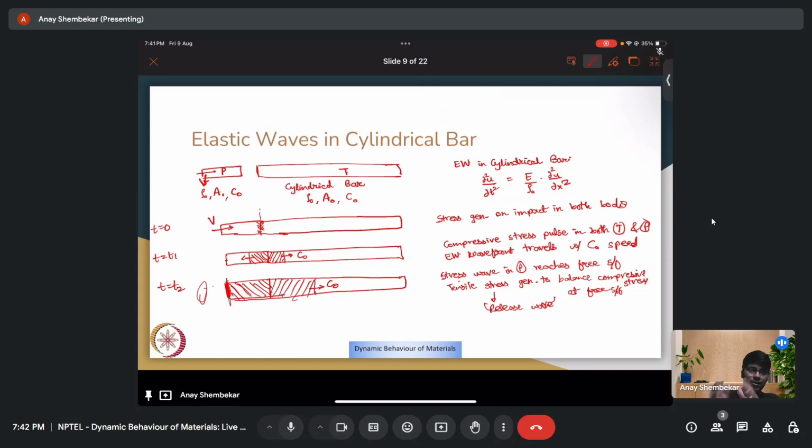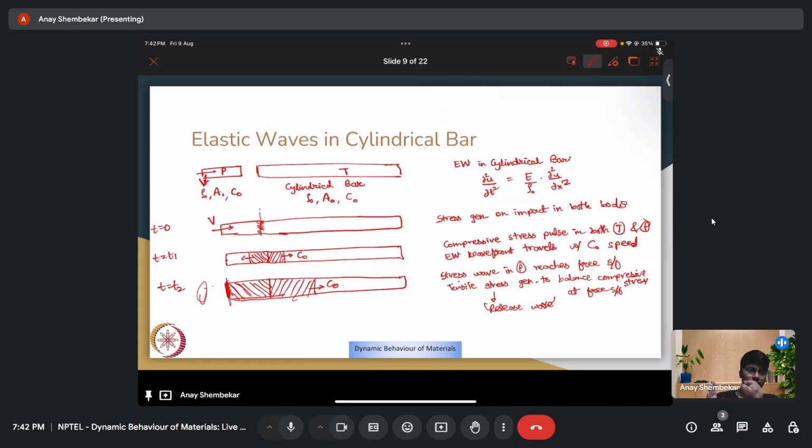I'll recap once again. After impact, there was material on both left and right hand side of the surface. So a compressive stress wave was generated, and it started moving on the right hand side inside the long cylindrical bar at target, as well as in the left hand side into the smaller projectile.